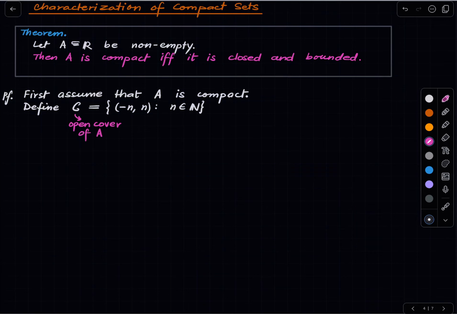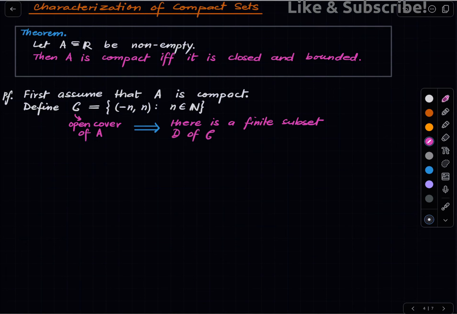And therefore by compactness of A, there is a finite subset D of C such that D covers A. This is immediately from the compactness.